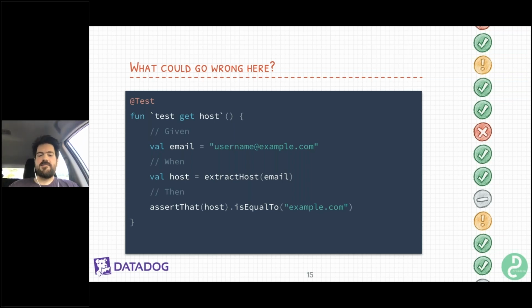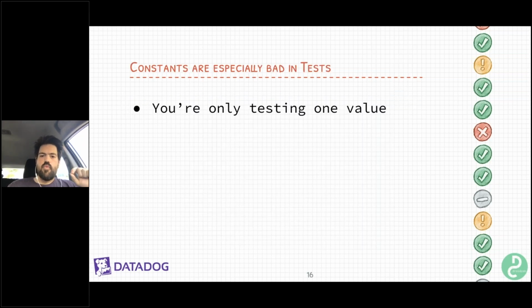And it doesn't matter that it's not inline, extracted into a constant or whatever, it's still a hard-coded value. The problem with this test is that you're only going to test one value every single time. So basically, you're not testing that you know how to extract any host from any email address. You're testing that you can extract this host from this email address.